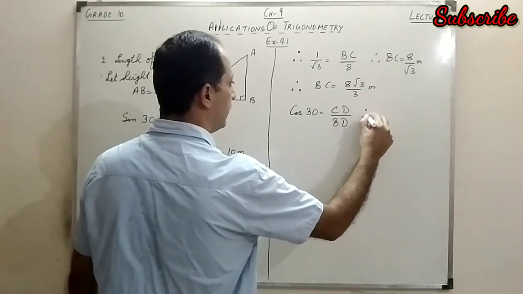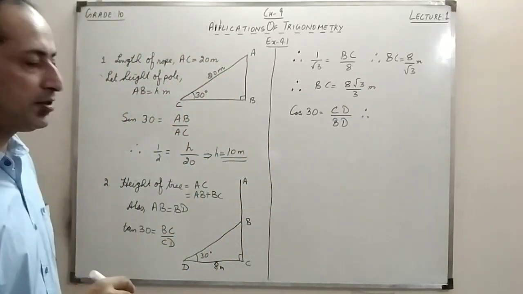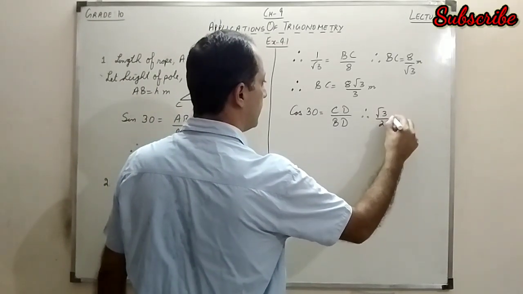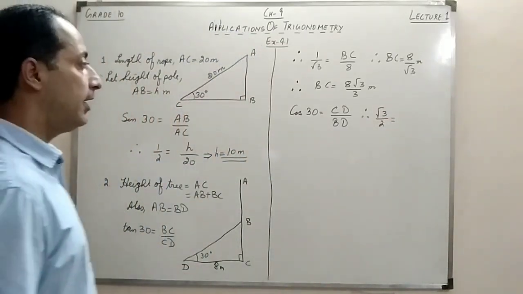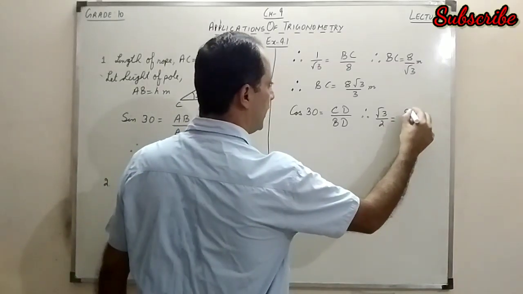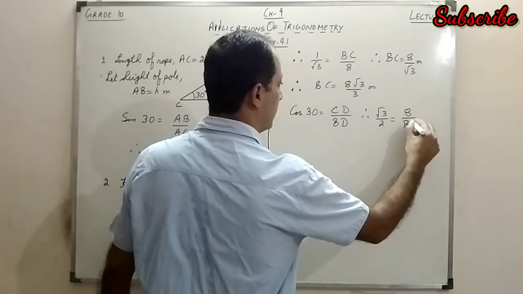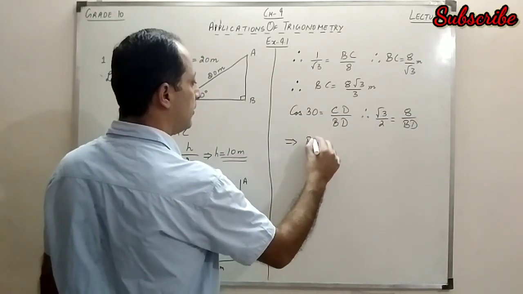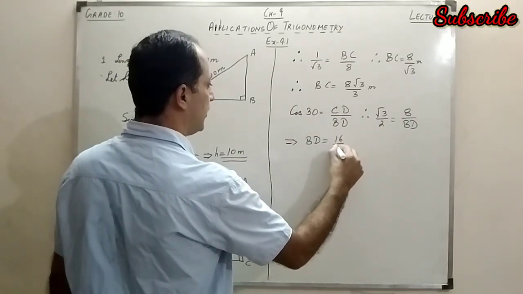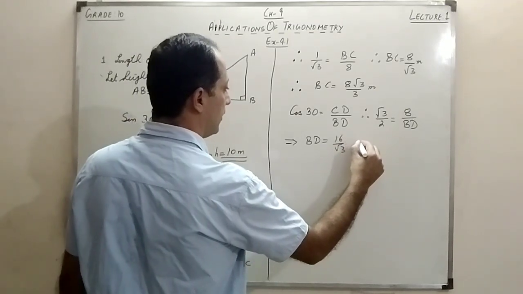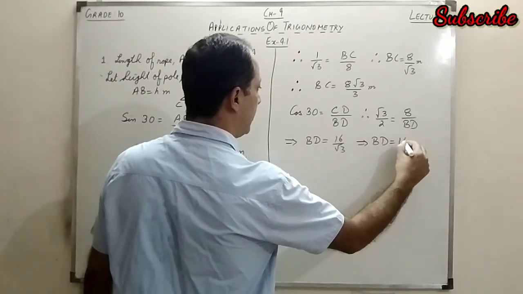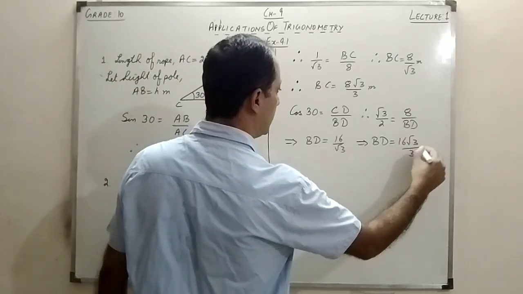So therefore, the value of cos 30 is root 3 upon 2. Now CD is given to me and BD I have to find. So I write this, and what I get here, BD equals 16 upon root 3. And if I rationalize this, I get 16 root 3 upon 3 meters.